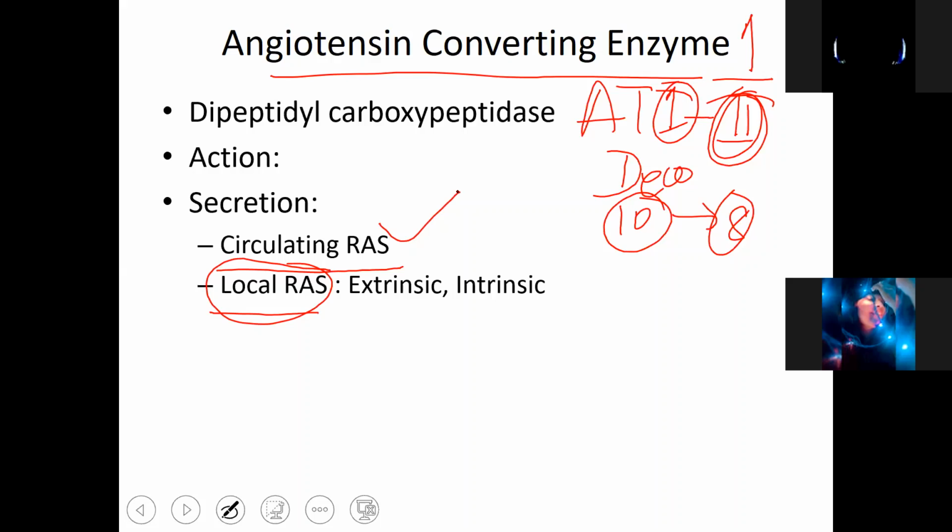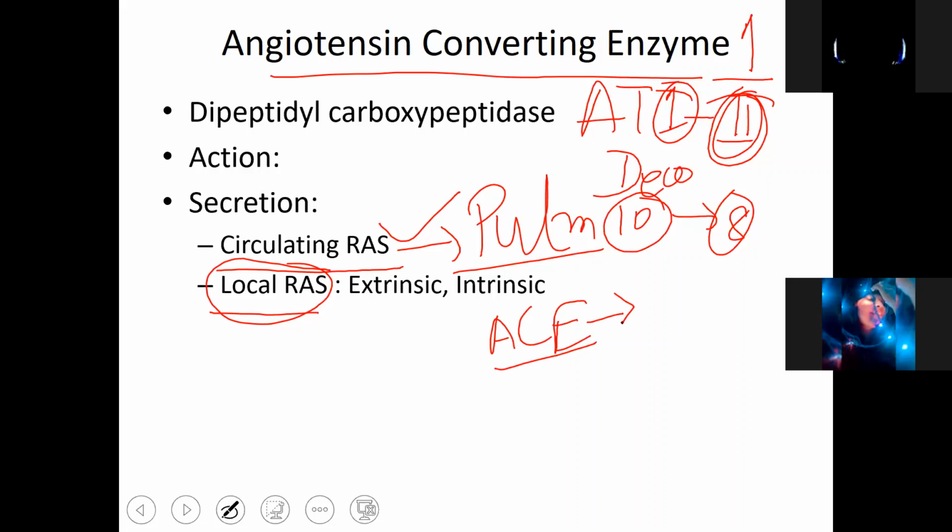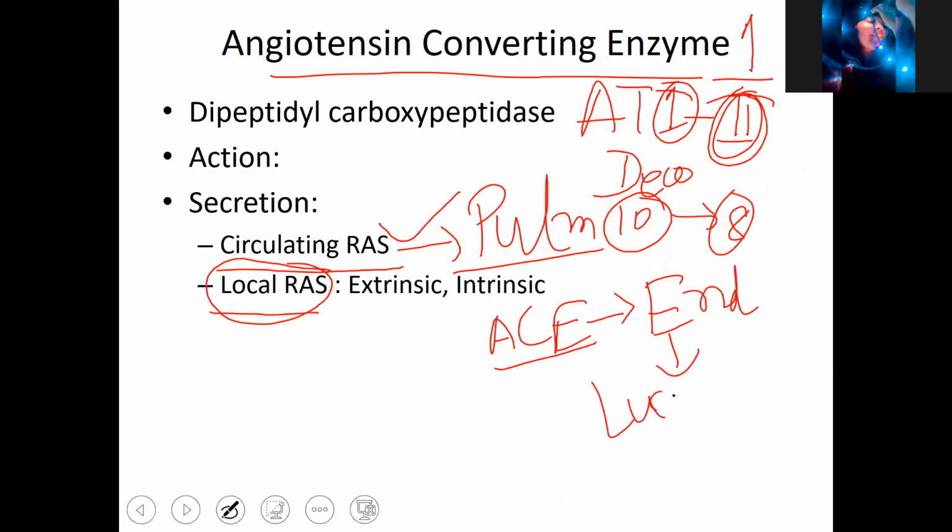When it comes into the pulmonary circulation, the ACE enzyme, angiotensin converting enzyme, is present on the luminal surface of the endothelium there. So angiotensin converting enzyme is a surface enzyme, present on the luminal surface of the endothelium. What it does is convert angiotensin 1 to angiotensin 2. That is the circulating renin angiotensin system.